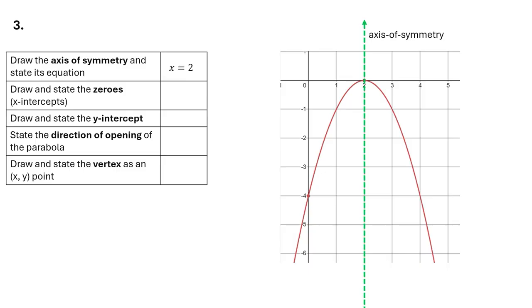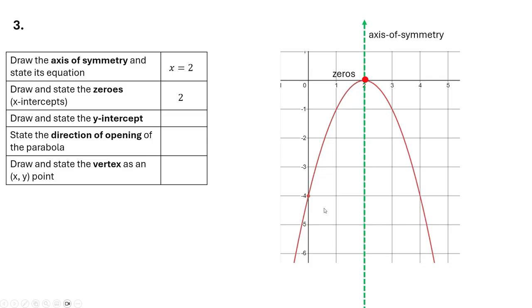The zeros, well, it only touches the x-axis at one point. So there is only one x-intercept, and that happens to be 2, because that's the one point that the graph touches the x-axis.